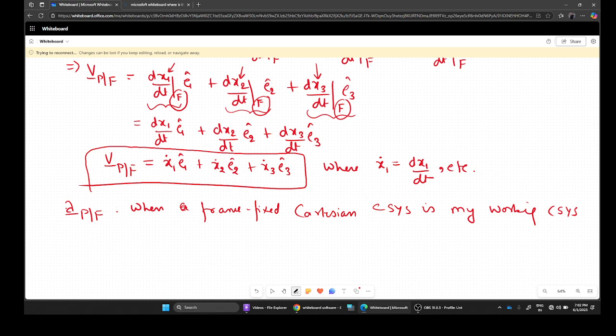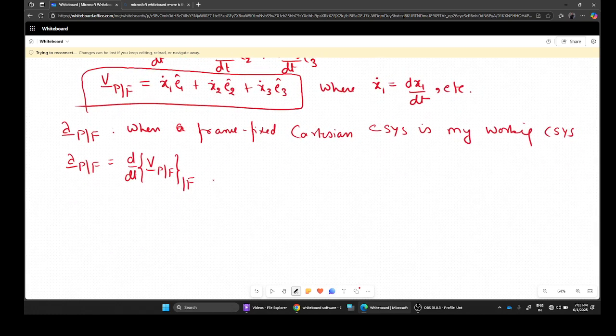To get APF, all I have to do is to take the derivative of the expression that I derived above. So by definition, this is what the acceleration of the particle P with respect to F is. I subject this expression to a derivative.